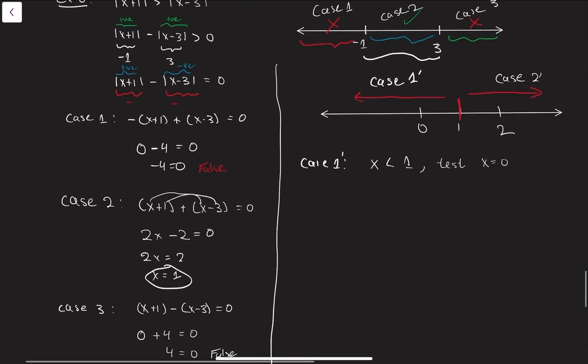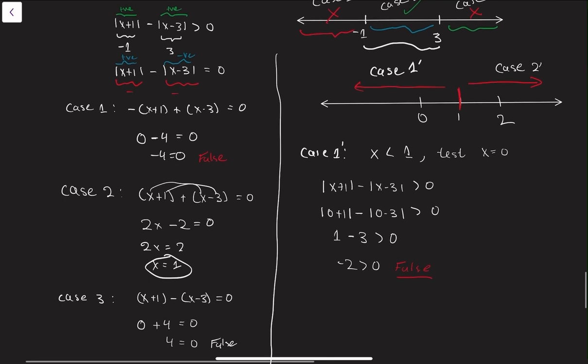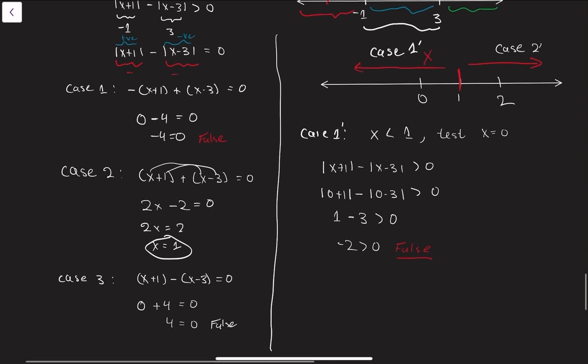We write our inequality down, x plus 1 minus x minus 3 greater than 0. So using 0, we get 0 plus 1 minus 0 minus 3 greater than 0. So we get 1 minus 3 greater than 0. That's -2 greater than 0, and this is false. So case 1 prime does not work.